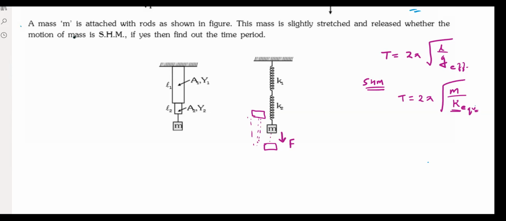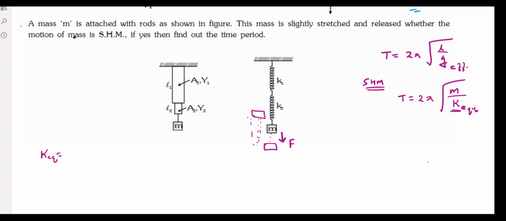Got it? Now can I solve this problem? Can we solve this problem now, everyone, step by step? Have we calculated K equivalent for this? What is K equivalent for this? Tell me, everyone.